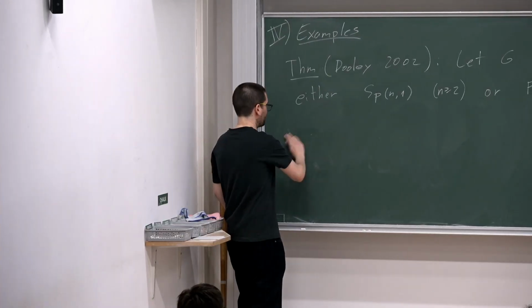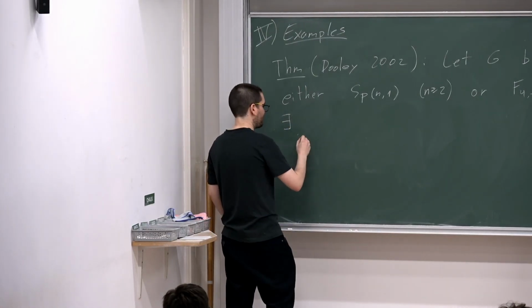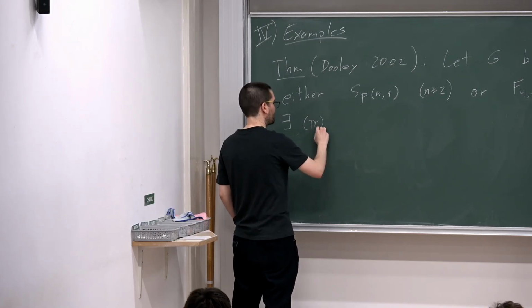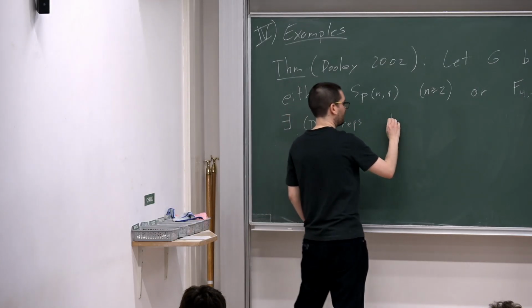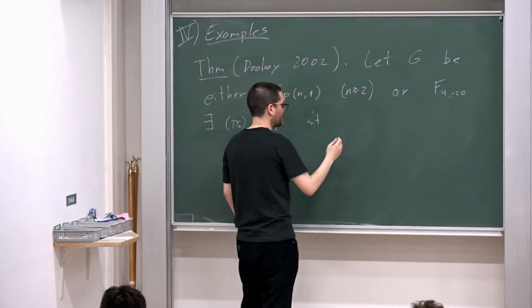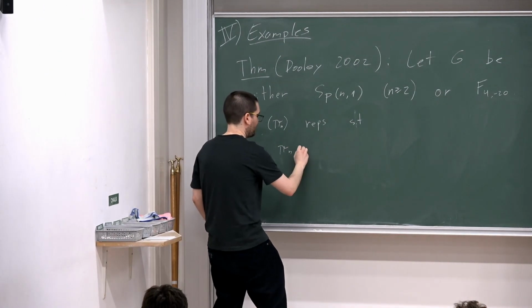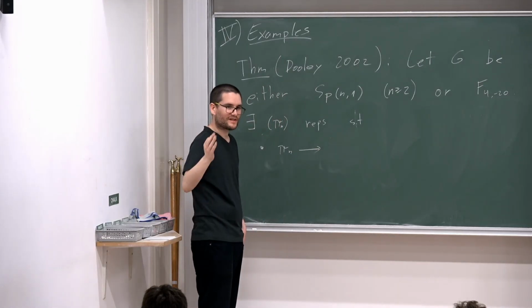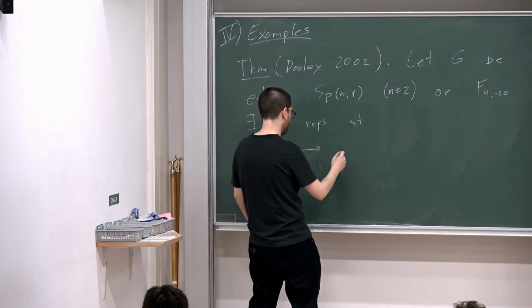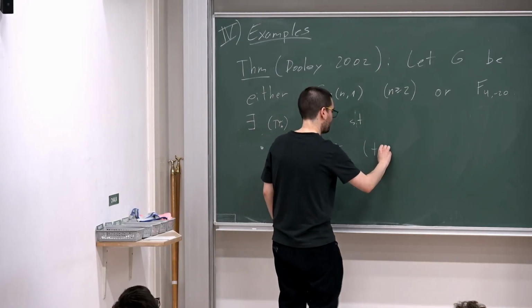So the result says more things, but I'm just going to write that there exists a sequence of representations such that this representation converges in some sense. I'm not going to say more about that. In some sense to the trivial representation.